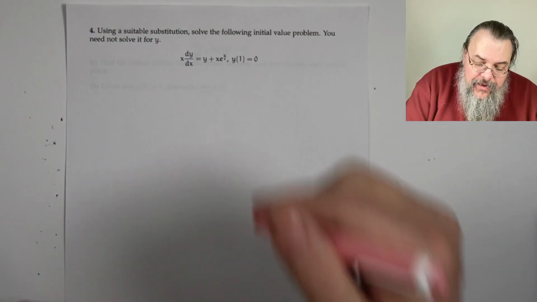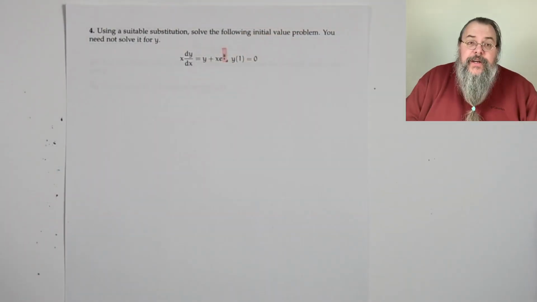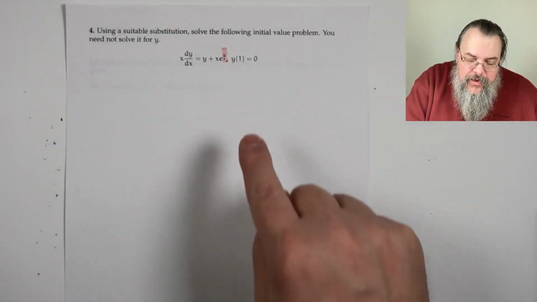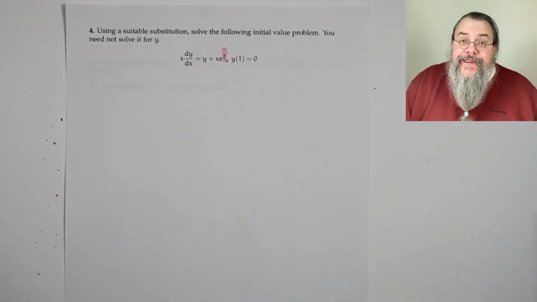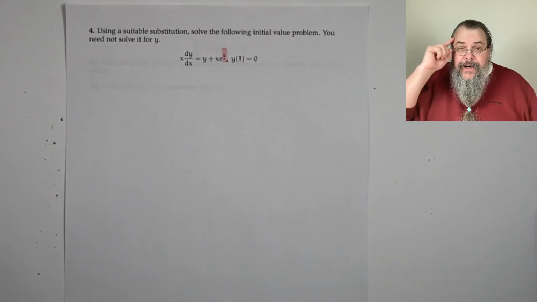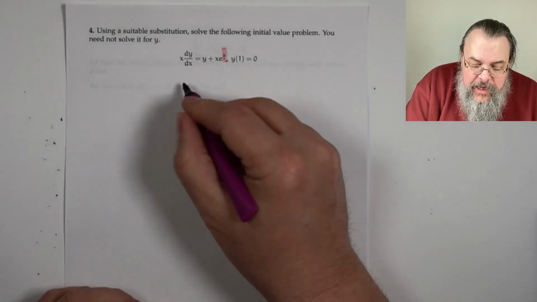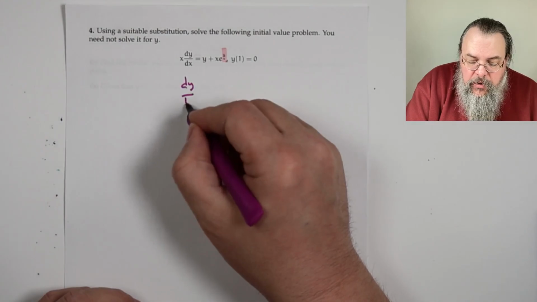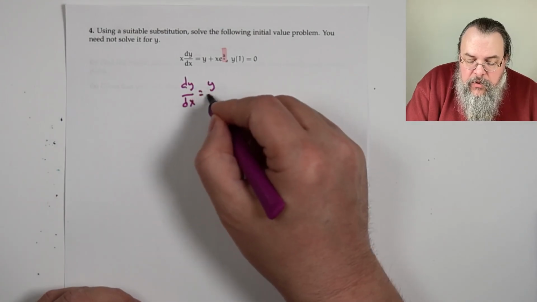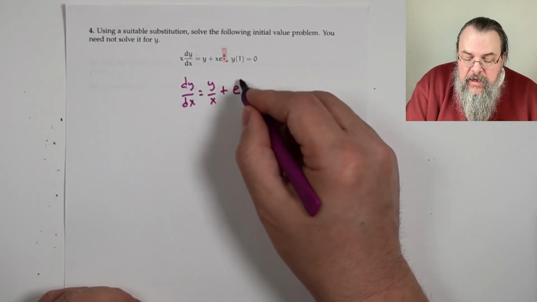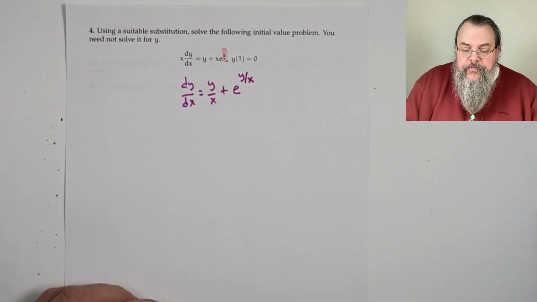But do you notice what we have upstairs? It's kind of small. It may not even show up on the screen, but I'll tell you what it says. It says y over x. So you say, I see y over x. And indeed, we can rewrite this as dy over dx equals y over x plus, here the x's cancel, e to the y over x.